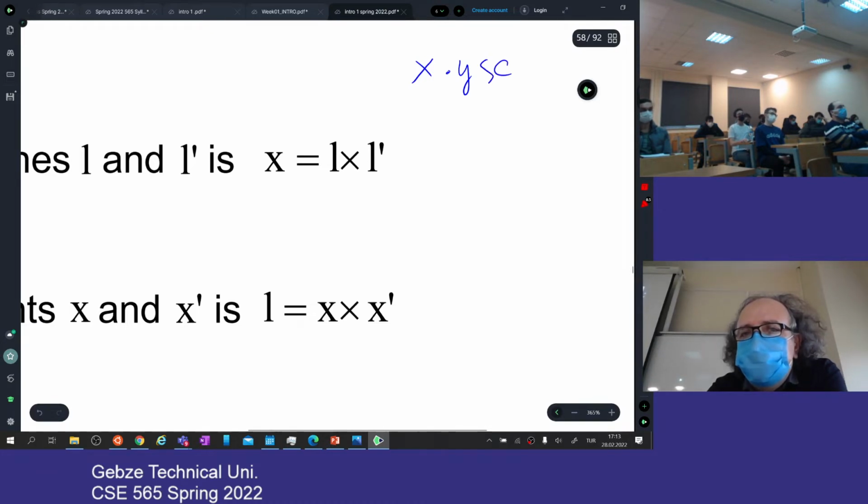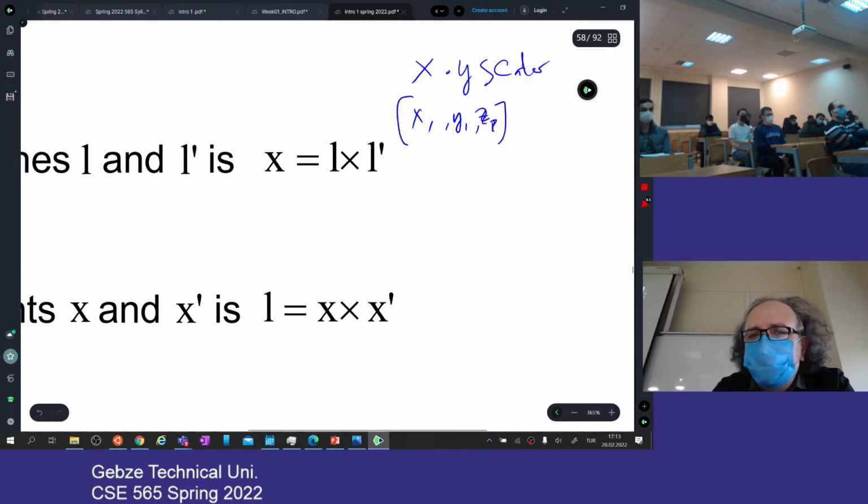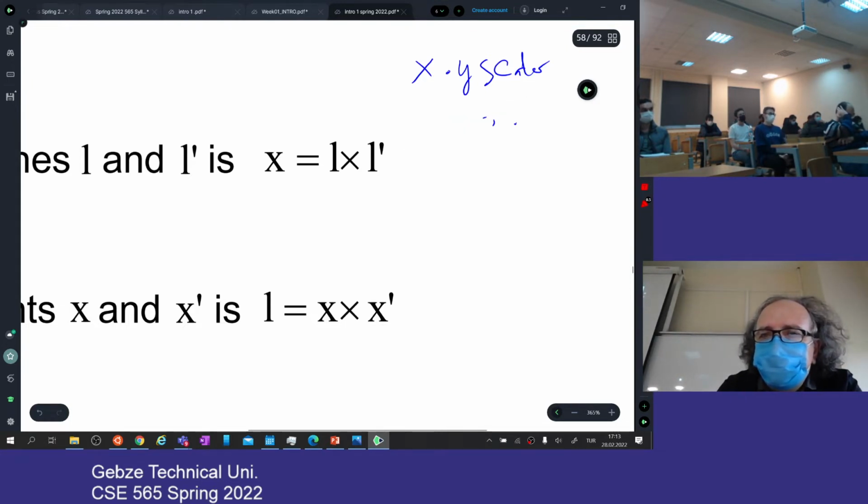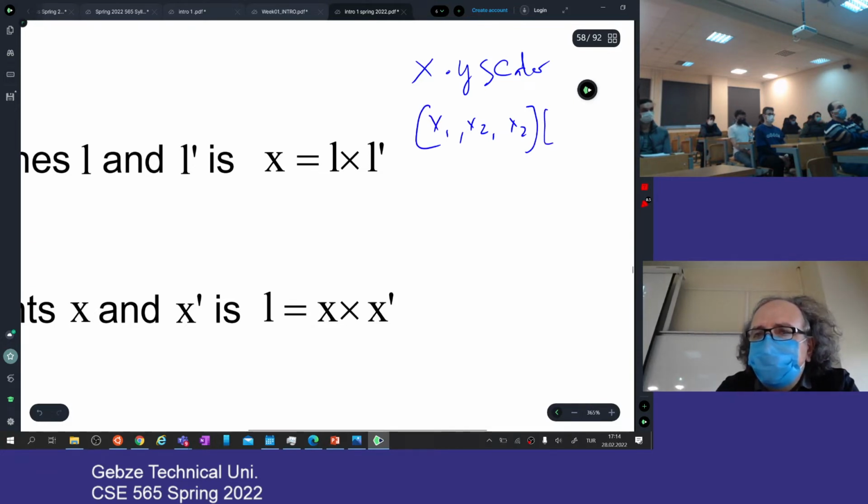So how do you do that? x1, x2, and x3, this is my vector x, and multiply it with y1, y2, and y3.